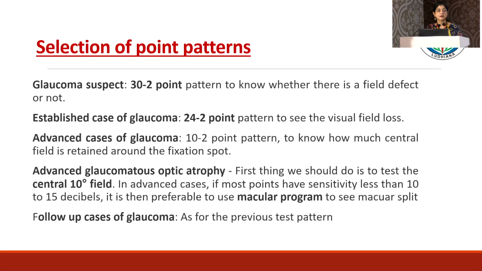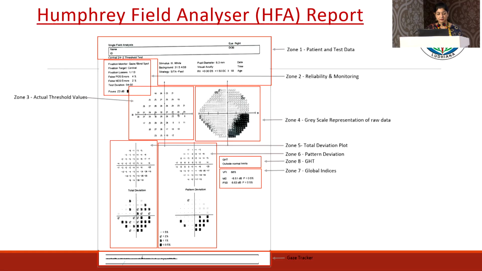To see macular splitting, the outcome of trabeculectomy, or the washout phenomenon, you can go for a macular program, or in this case you can even go for a 24-2C. And very important to note here: for follow-up cases, please use the same program which you used in the previous test, because that is the only way by which the glaucoma progression analysis can be done.